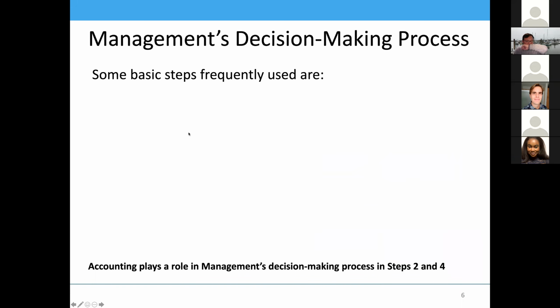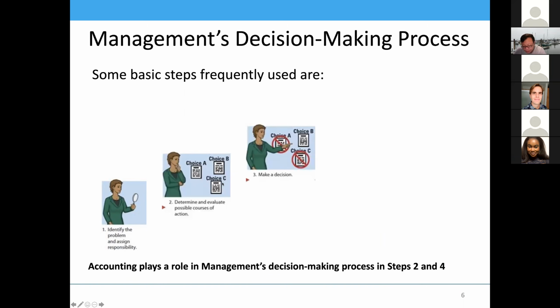So the basic steps would be: you first identify the problem and who is responsible for this problem. And then you determine and evaluate the possible alternatives. So you order a meal, there are possible choices, Chinese buffet or Pizza Hut, maybe. And then you evaluate the possible courses of action.